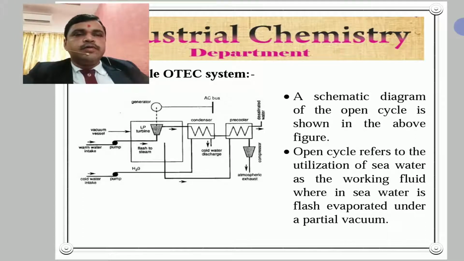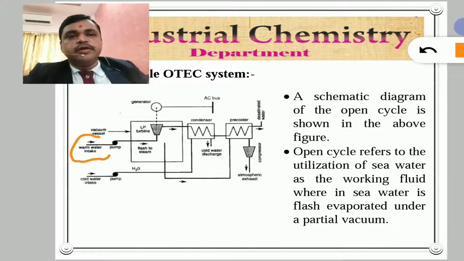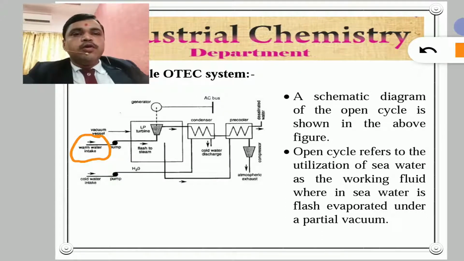In the open cycle ocean thermal energy conversion system, first of all, warm water, or surface water of the ocean, is introduced through a pump and taken into the flash evaporator. The flash steam is then passed into the low pressure turbine, LP turbine.